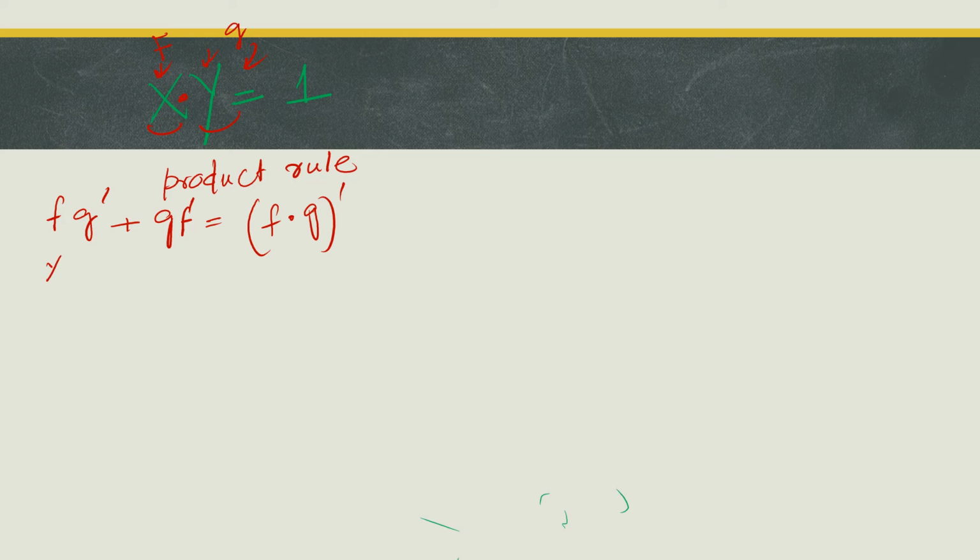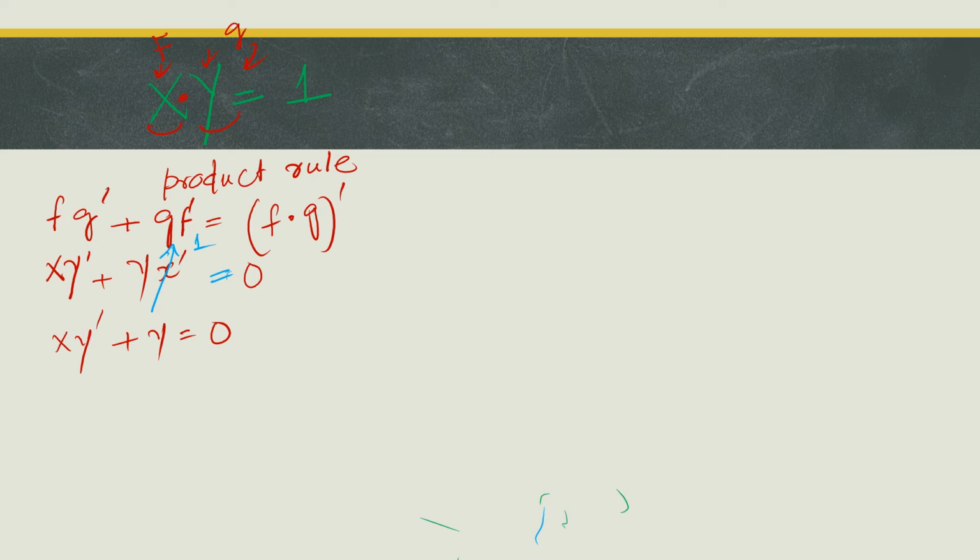So f means x, g prime means y prime, plus g means y, and f prime means x prime, you all know this equals 1. And the derivative of 1 is 0. So I'm just writing to show you xy prime plus y equals 0.